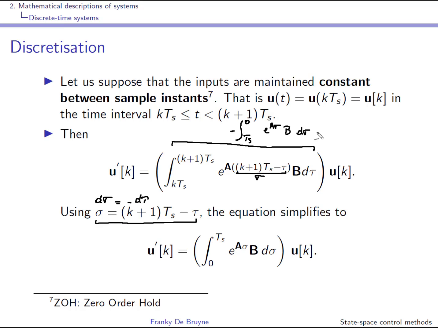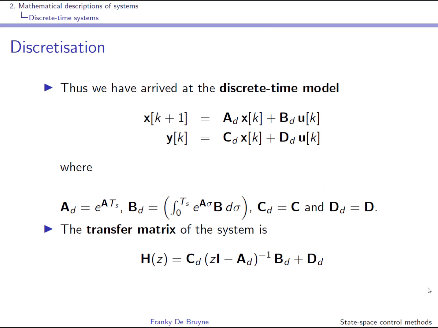Okay, so times u(k), this is equal to u prime k, right? But this thing here, you can rewrite it as follows, and this will play the role of B_D. So this is the control matrix in the discrete time case.